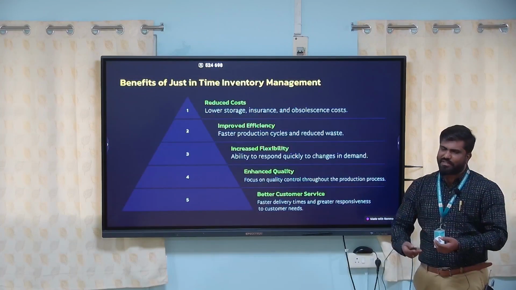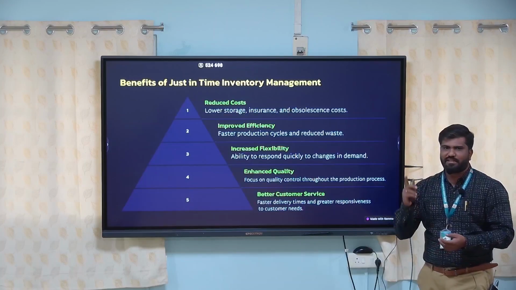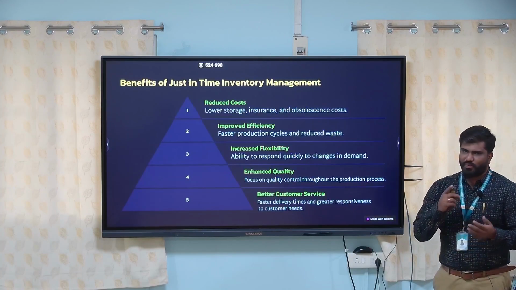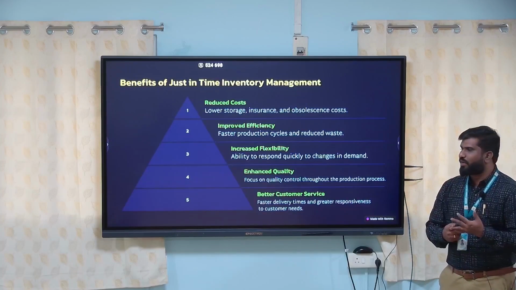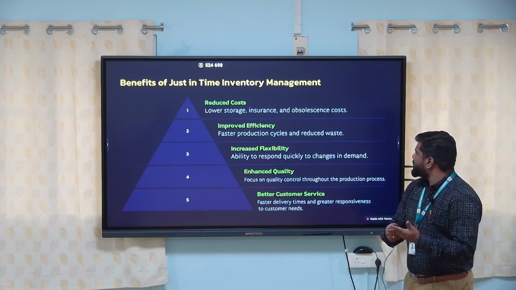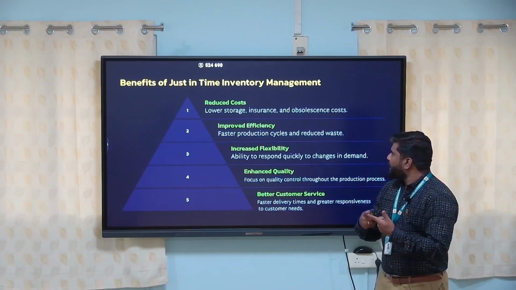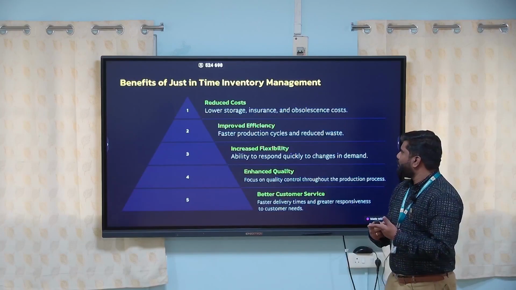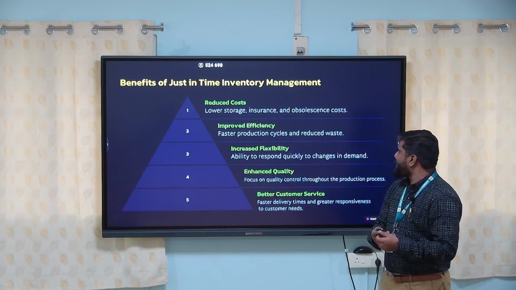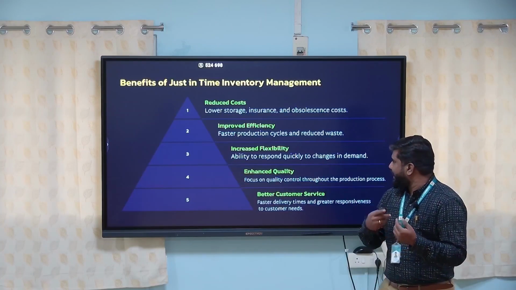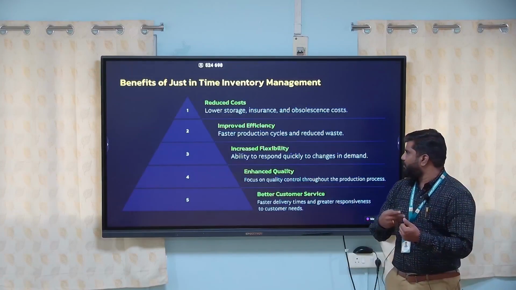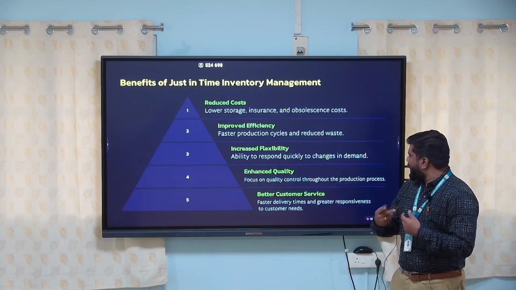So what are the benefits out of it? First one is reduced cost. We are lowering the storage space, the insurance cost for the storage space, and obsolescence cost. Then improved efficiency. We improve the efficiency by a faster production cycle and reduction of waste, and increased flexibility, the ability to respond quickly to change in demand.